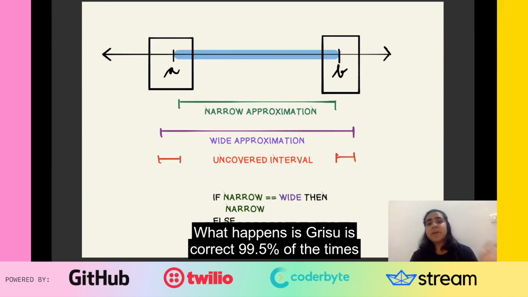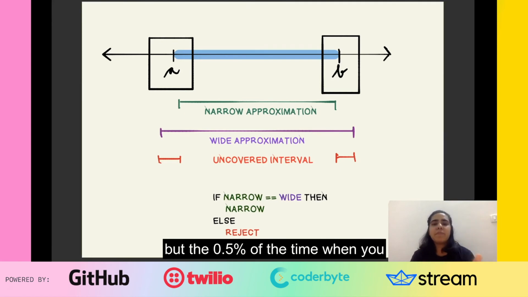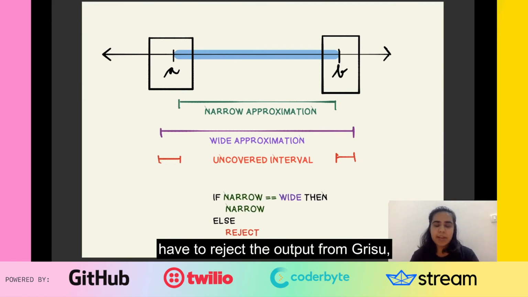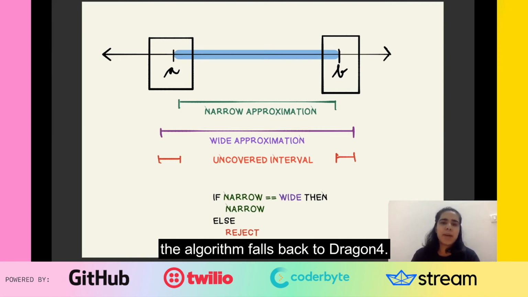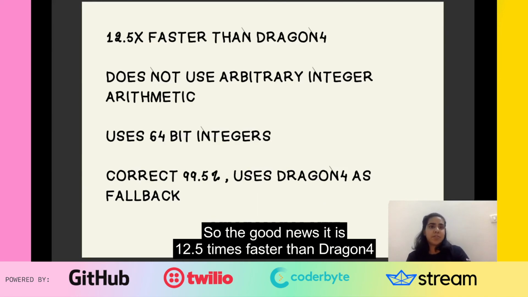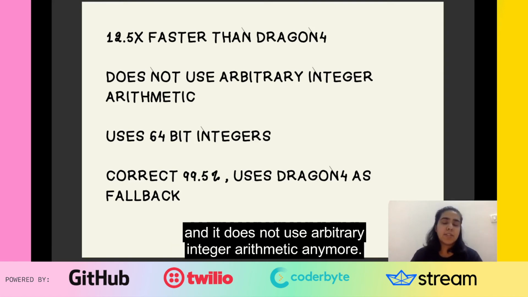and what happens is Grisu is correct 99.5% of the time, but the 0.5% of the times when you have to reject the output from Grisu, the algorithm falls back to Dragon 4. So the good news is it's 12.5 times faster than Dragon 4, and it does not use arbitrary integer arithmetic anymore.